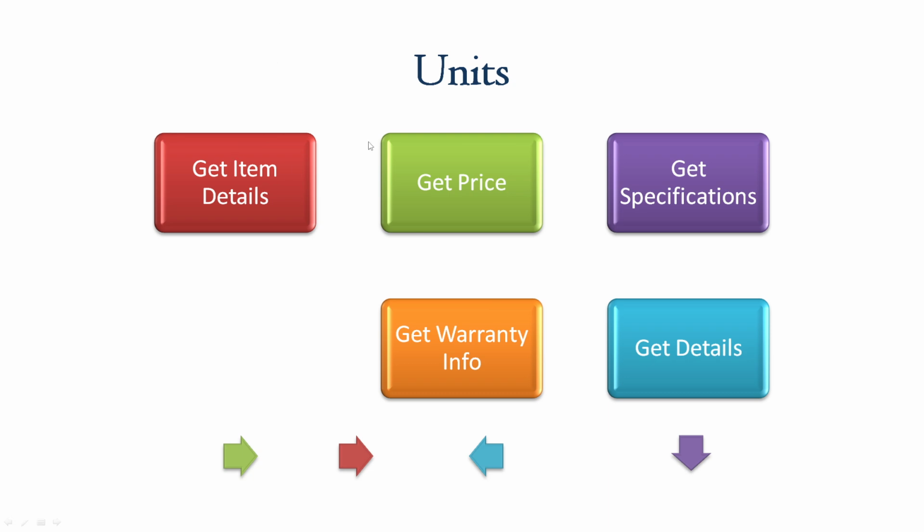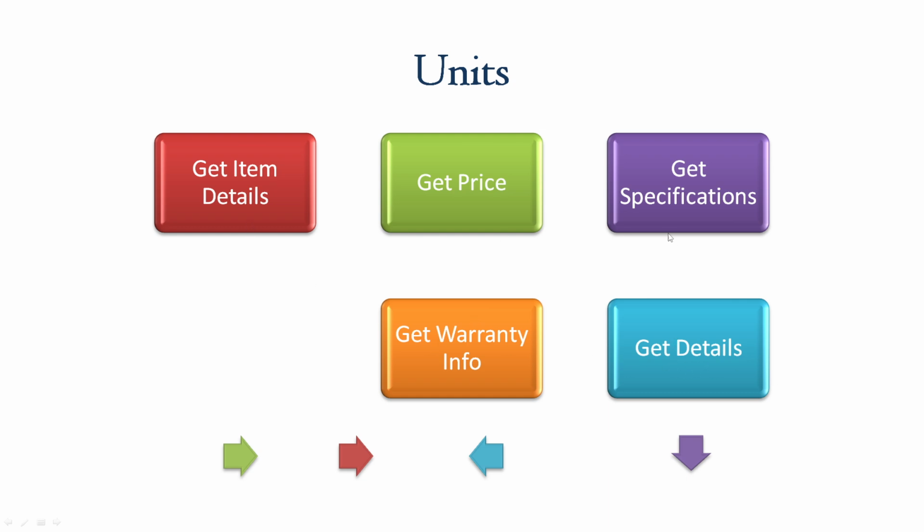See, there is a web application, and you have a unit, get item detail, a small functionality of the web application. I've written this based on an e-commerce website. You are getting an item's mobile details, getting a price, a small unit, getting a spec, a small unit, getting warranty information, getting an overall summary.